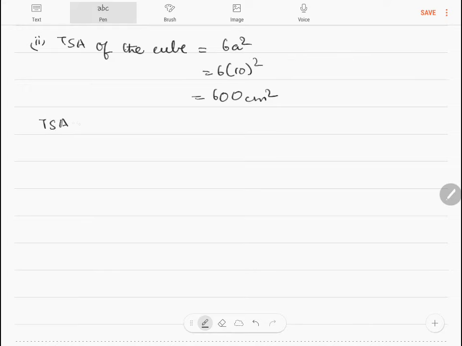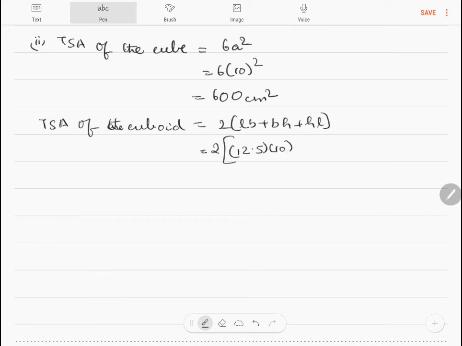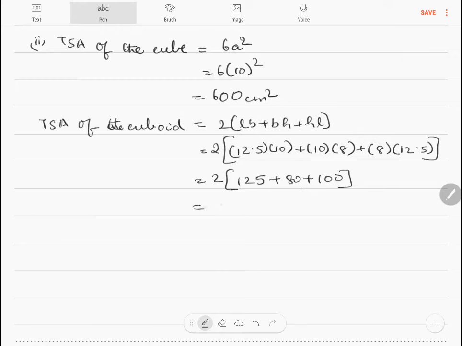Now the total surface area of the cuboid is 2 into LB plus BH plus HL, which is 2 into 12.5 into 10 plus 10 into 8 plus 8 into 12.5, which comes to 610 centimeter square.